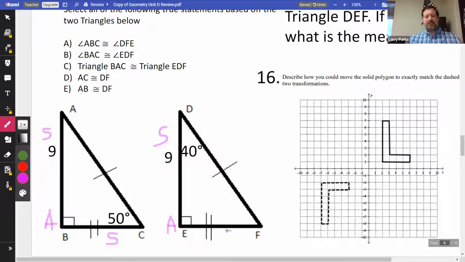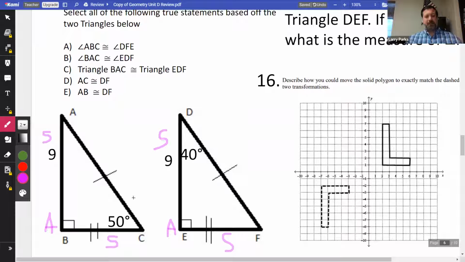So by SAS, they are congruent. This is also 90 degrees. I could have used hypotenuse leg as well. So if these are congruent, and that's 50, and that's 40, that means this has to be 50. And that means this would be 40.